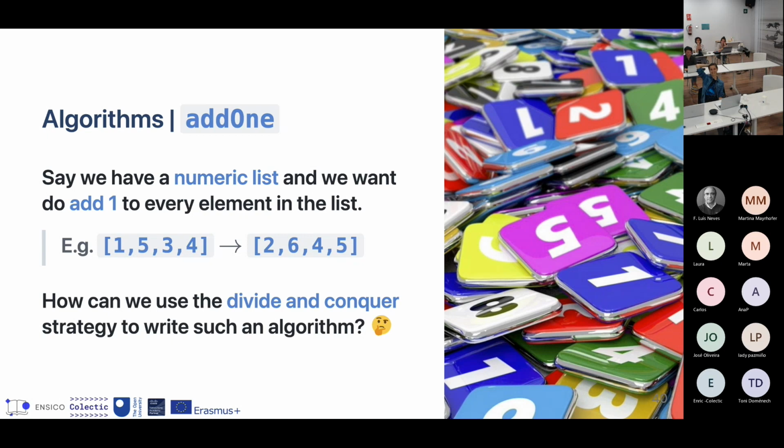So what's the basic difference? The difference is that the output of this program is a list, whereas the output of the other programs was a number. So how can we use the divide and conquer strategy to write this algorithm?